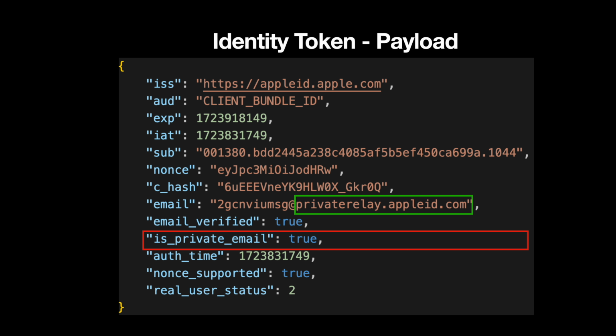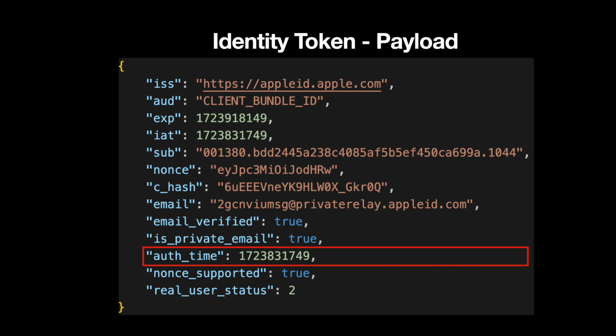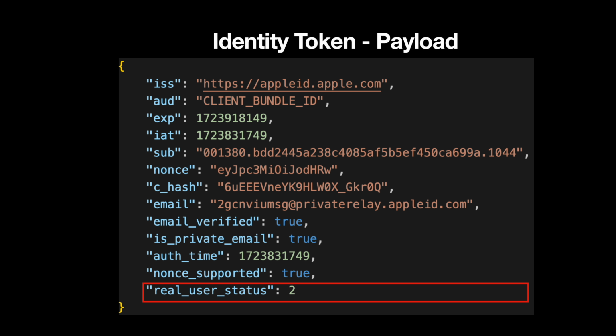So if it's a private email, like I said, it's @privaterelay.appleid.com, and if it's not the private email, we'll have the value as false in this node, and we will have a proper email in the email node. Auth time and IAT is same. It's the authentication token generated time. Nonce underscore supported is true. Real underscore user underscore status is 2. It has three values. 0 is, I think, unsupported, 1 is unknown, 2 is likely real.